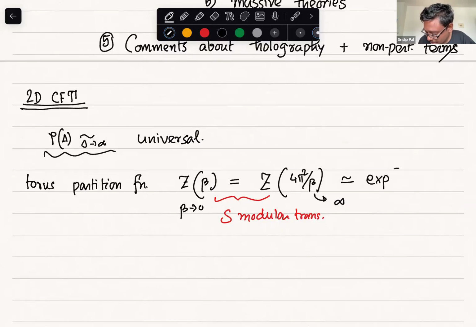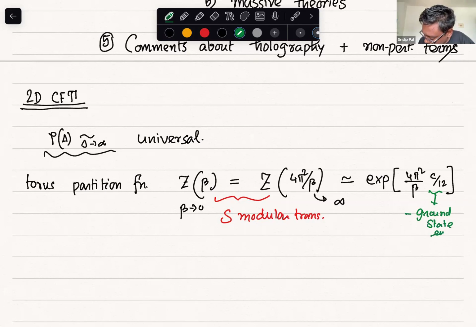So I can immediately write down exponential of 4 pi squared over beta times c over 12, where the c over 12 is related to minus the ground state energy. So in the canonical ensemble, another way of phrasing this universal result is to say that in the high temperature limit, the partition function Z of beta in the beta going to 0 limit is universal and controlled by a single parameter, which is the central charge.